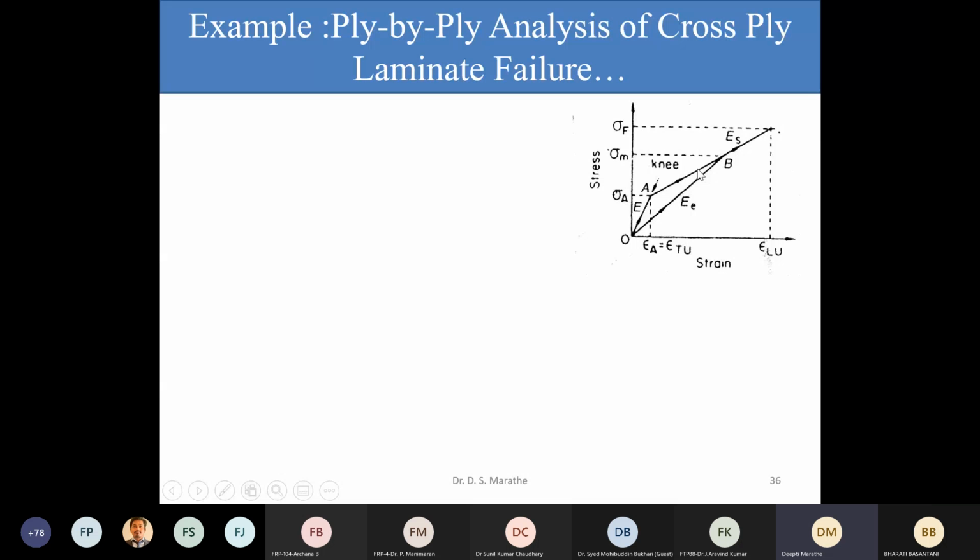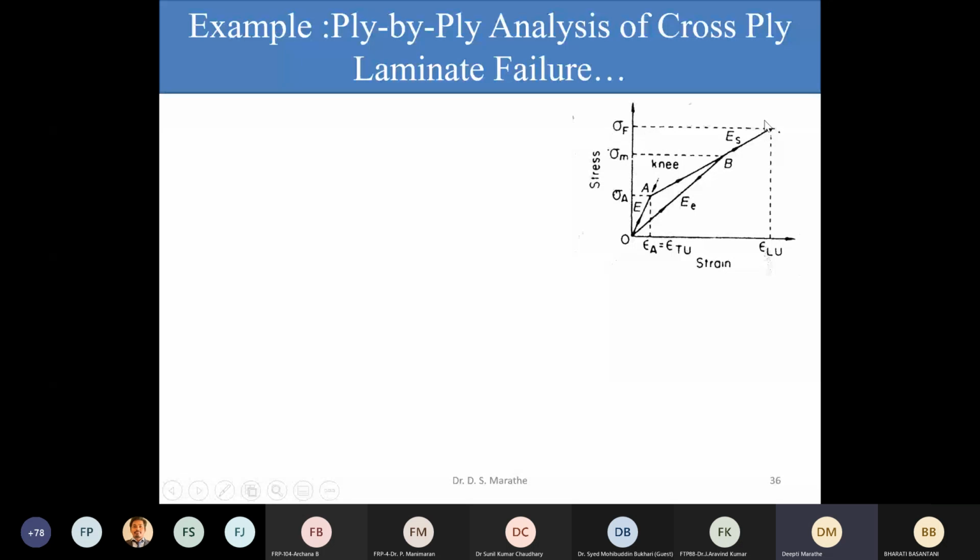They will remain taking the load until, naturally, as we have seen in our micromechanics, first there is going to be the failure of the matrix that is taking place. So at sigma m stress, the matrix has failed, and then here finally I am reaching the ultimate failure strength of the fibers, and this is the point where the complete laminate has failed.